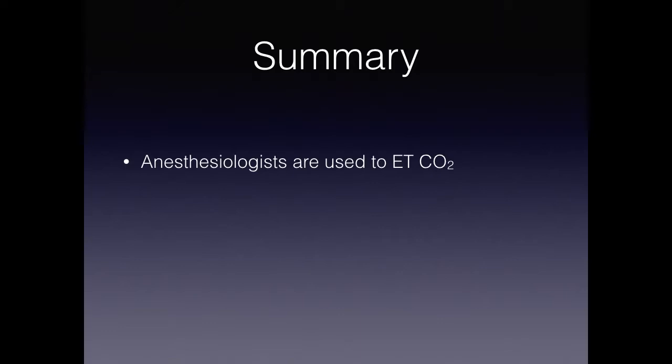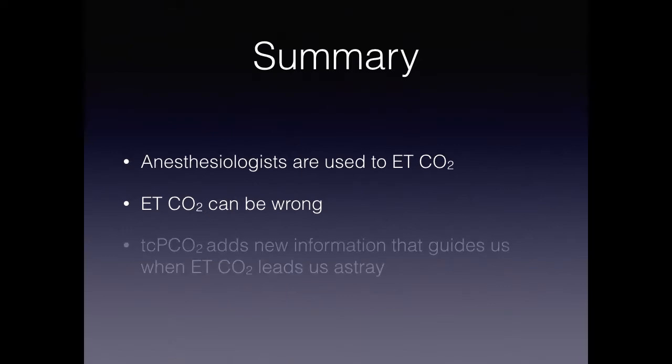End-tidal CO2 was one of the things that changed that, along with pulse oximetry. But end-tidal CO2 can be wrong, and it can particularly be wrong in the setting of procedural sedation. Transcutaneous adds new information that guides us when end-tidal CO2 leads us astray. Those are the things to bear in mind when you're talking to an anesthesiologist.